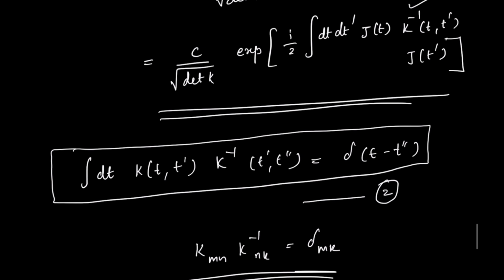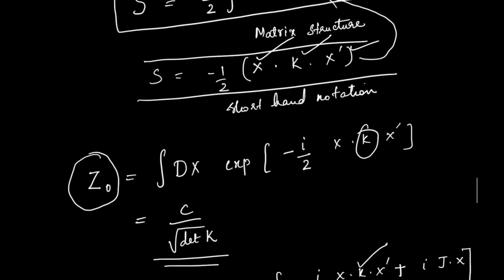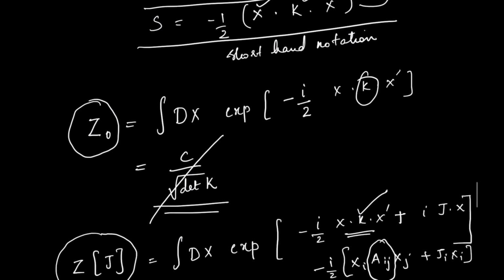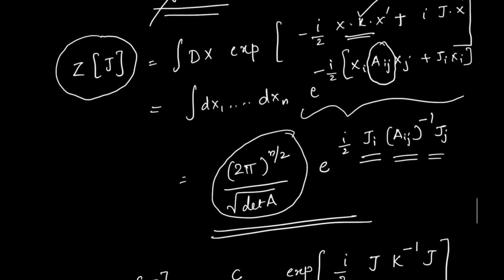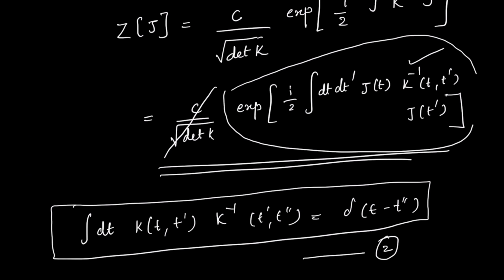If I see carefully, Z of J has a C by root of determinant K and Z naught is also having C by root of determinant K. So if I take the ratio, this constant will get cancelled and what is remaining? This exponential term will be remaining, right?